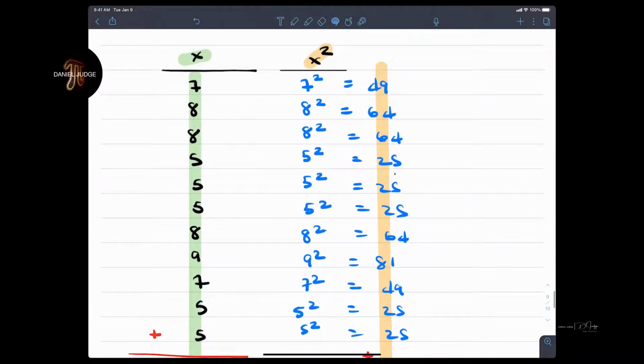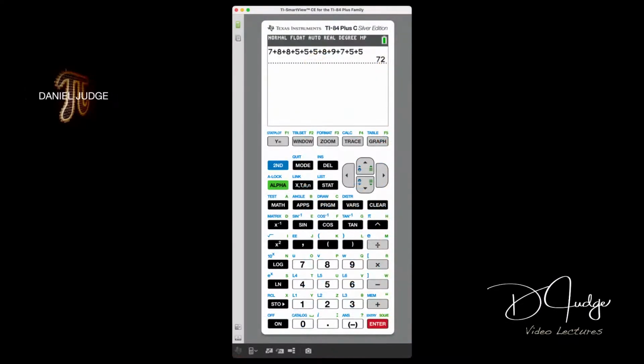Now you say, well, how do I add them? Well, you're going to go back to your TI or any calculator that you have. So add them. You say, okay, 49 plus 64 plus 64. 3 25s plus 64 plus 81 plus 49 plus 25 plus 25.